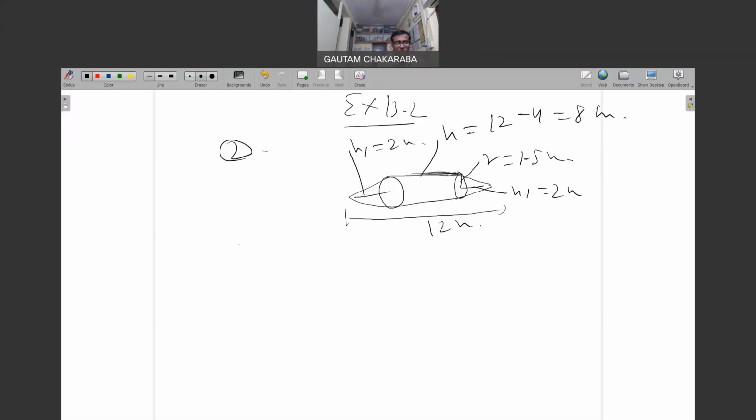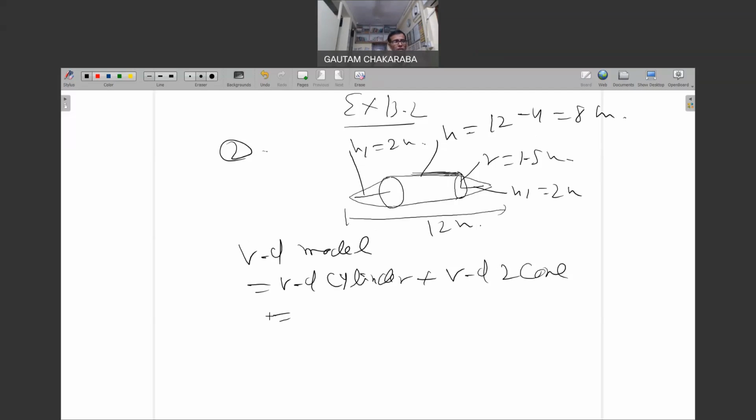And volume of model is volume of cylinder plus volume of two cones.